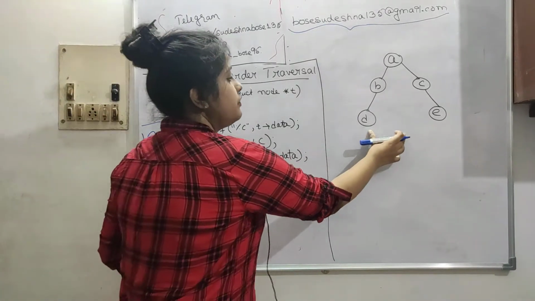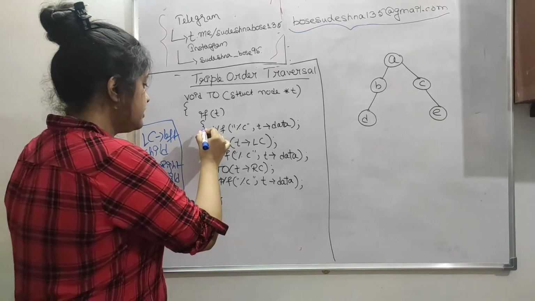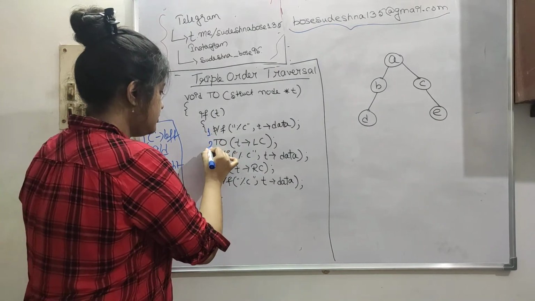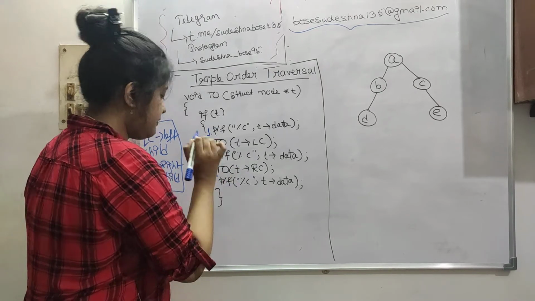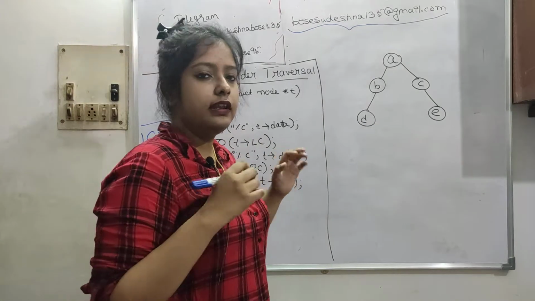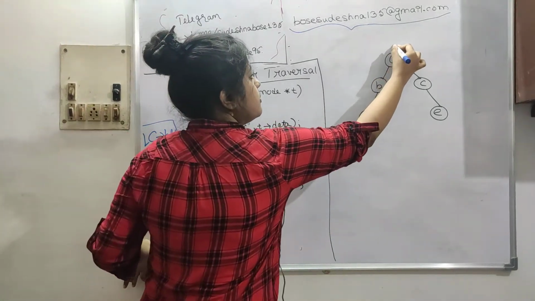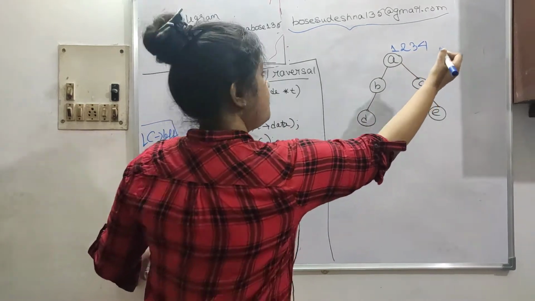So this is our tree, we have to find the triple order of this tree. Let's say this is 1, this is 2, this is 3, this is 4, this is 5. So we will do the same thing the same way we did the last one. Here let me write it down, 1, 2, 3, 4 and 5.